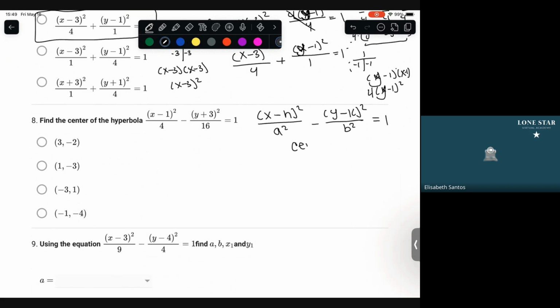And similar to this circle, the center is going to be h, k. So if I look here, this is where my h is, and this is where my k is. And since they're inside parentheses, we're going to take the opposite. So if I see negative 1, it's going to be positive 1. And then if I see plus 3, it's going to be negative 3. So this is our answer.